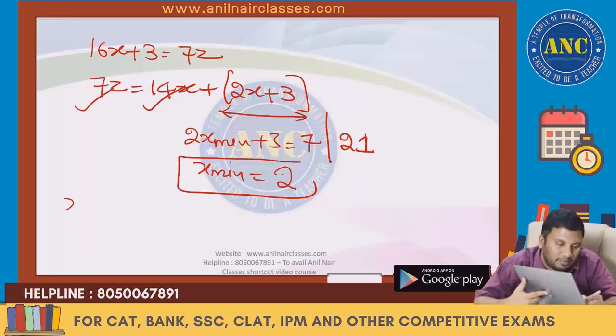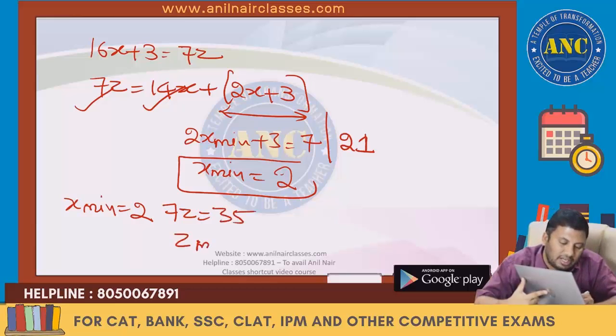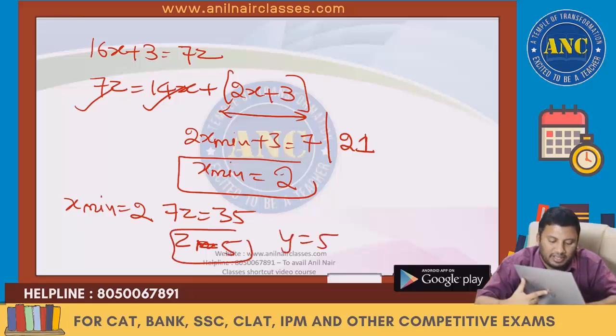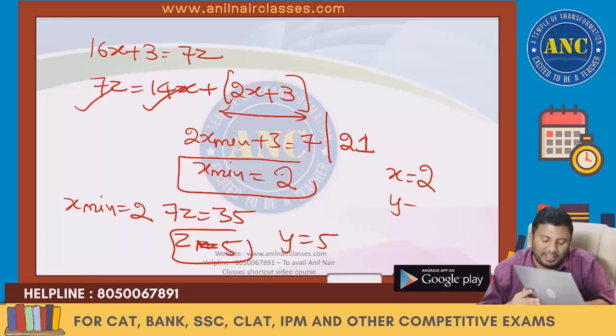So x minimum is 2. 7z will become 16 twos are 32 plus 3, 35. Z value will become 5. Y I took as 5. So the values are X2, Y5, Z5.